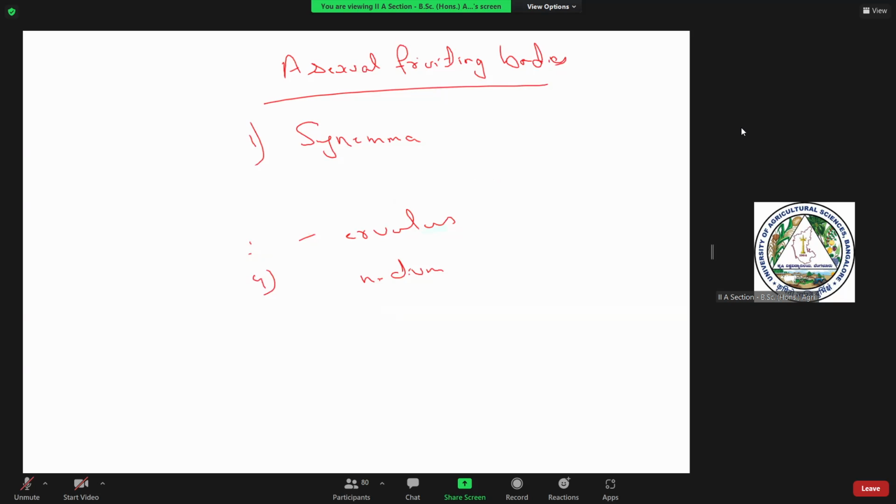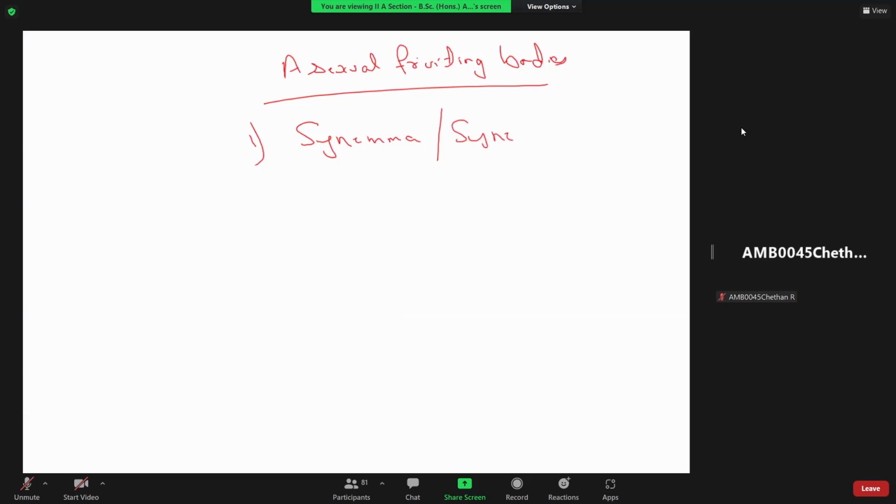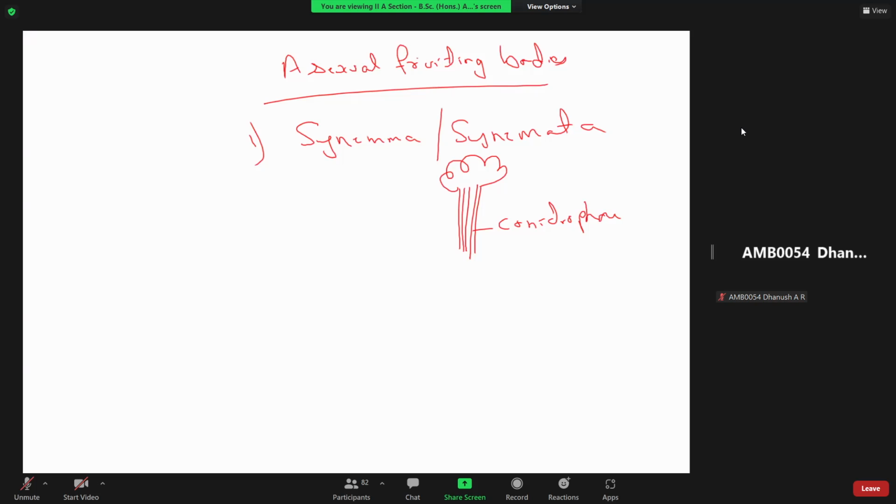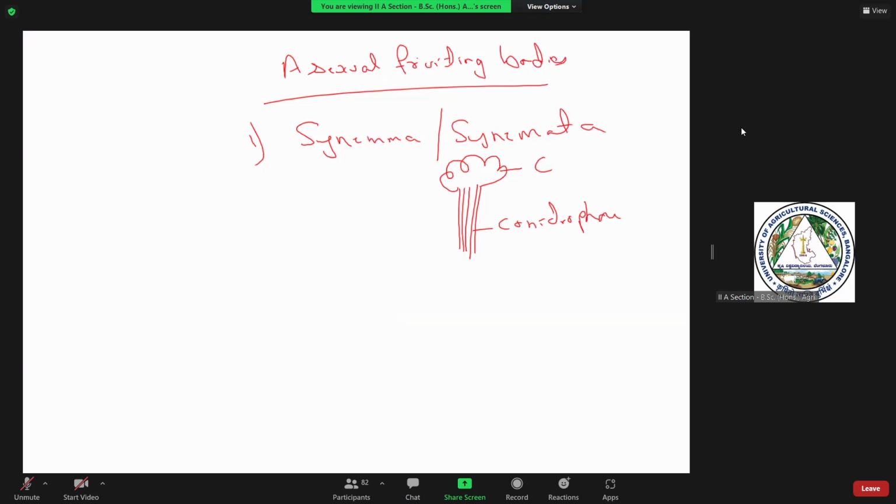If you talk about the synnema, it is also called synnemata. This is a kind of compact or fused upright conidiophores, and the spores form like a cluster, like a cauliflower head.